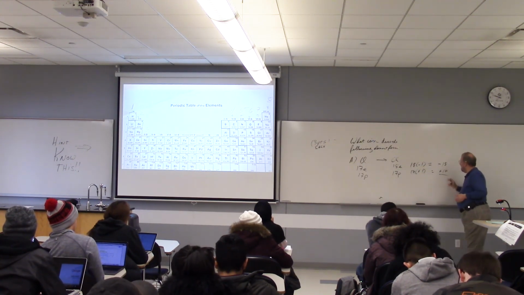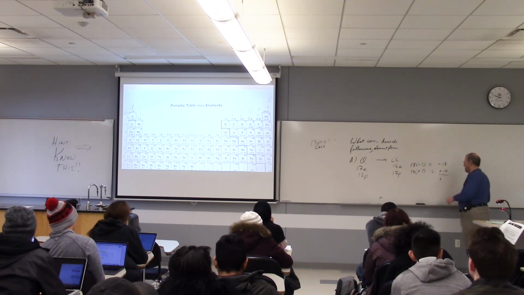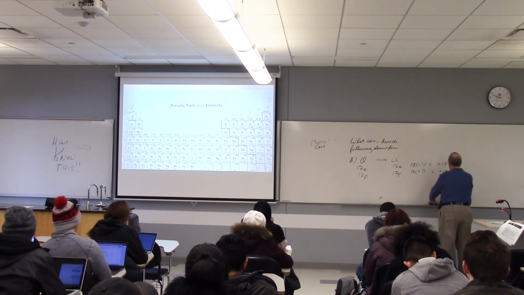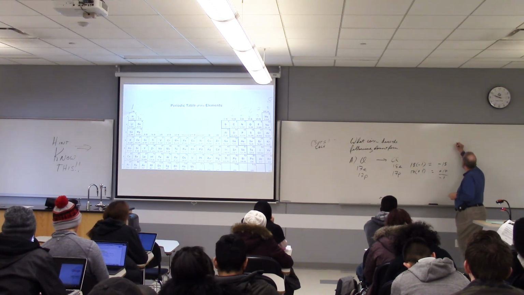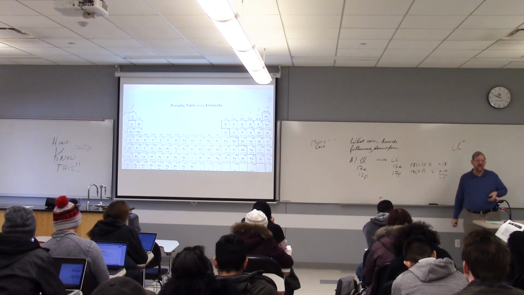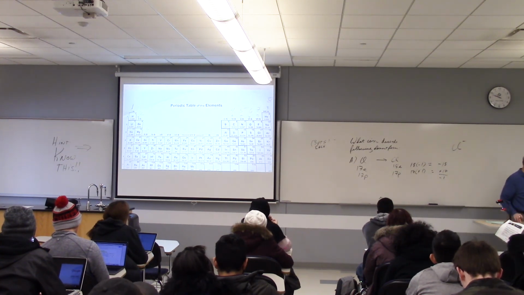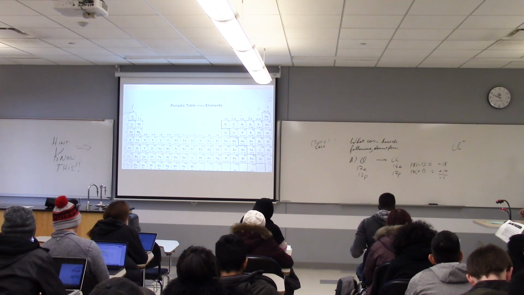You do the math, add this up, and you get a charge of -1. And how do you show a -1 charge? The symbol superscript minus. And this is the ion chlorine will always form when it forms an ion.